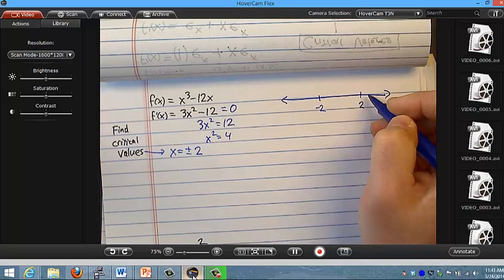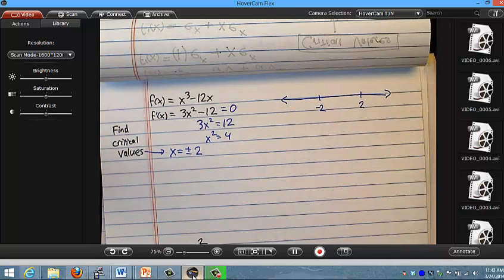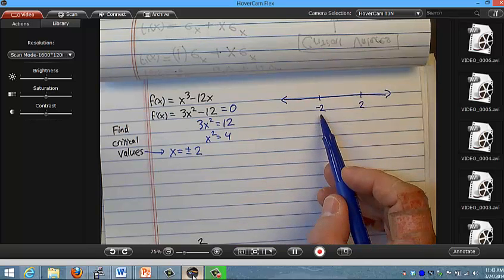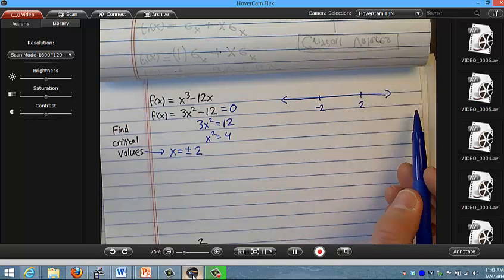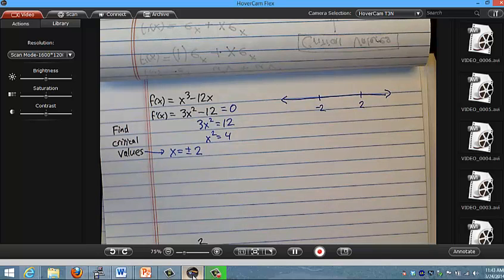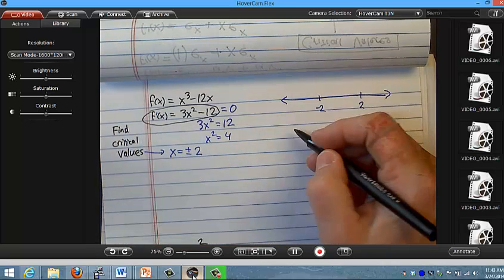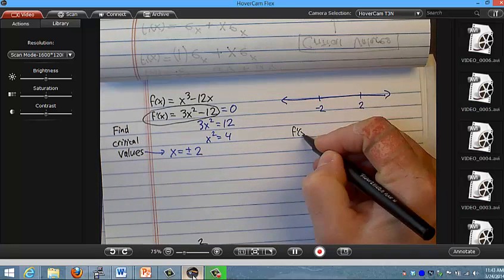So how many intervals will I have to take test points from? 3 different intervals, right? You better take something smaller than -2, something between -2 and 2, and then something bigger than 2. And when you try out the test points, you're using the derivative, f prime of x, right?